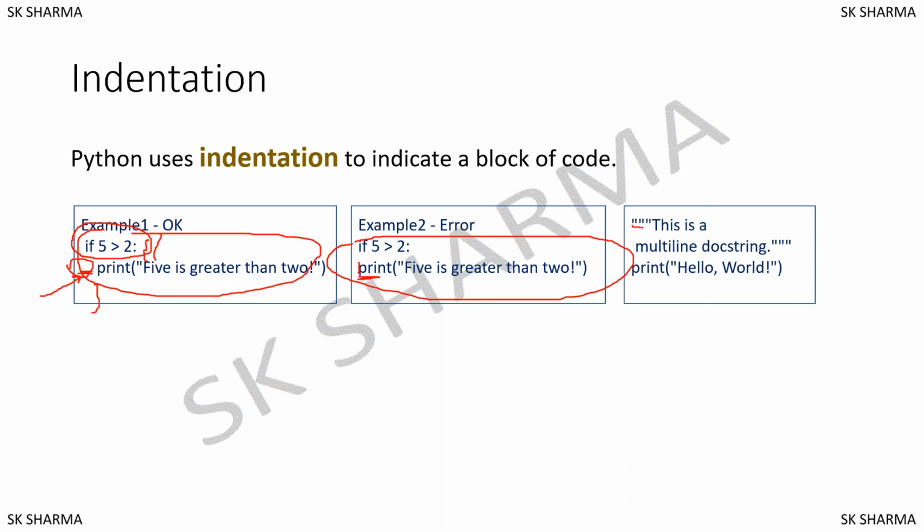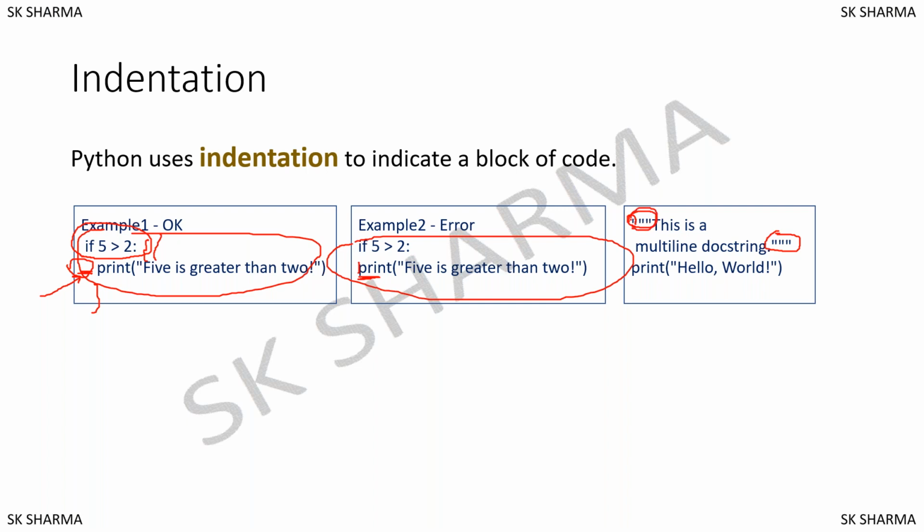So three quotes we can use for docstring, that we can learn later maybe, but simply this is kind of comments. If you want to add many lines for comment purpose, just to define something, you want to explain something, then you can use three quotes. It may be double quote or single quote, but you have to use the same thing.